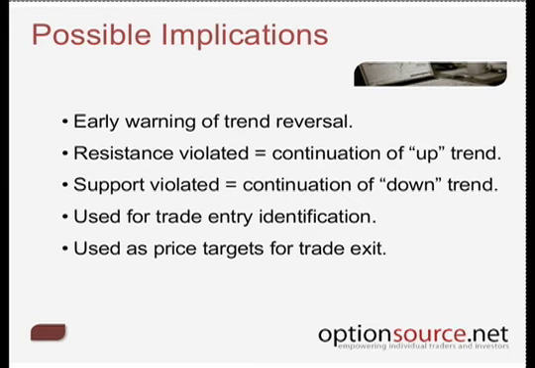What we're also doing is, once we've established where our entry point is going to be, we've used a previous support level or a previous resistance level as a mechanism for establishing a price target. So the idea is that when you're able to identify these key levels within a particular pair value, you can already have your trade mapped out before you in fact click any button.